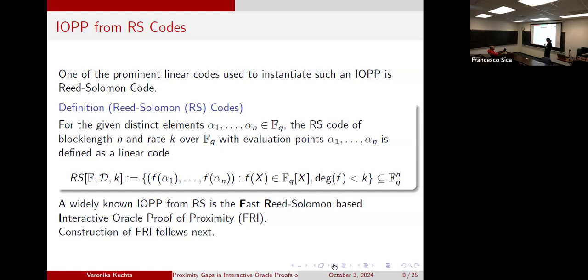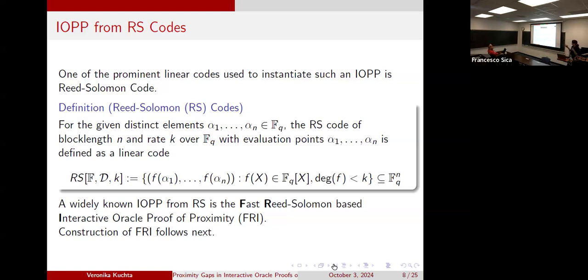Now I'm going to present a widely known IOPP from Reed-Solomon codes, which is the Fast Reed-Solomon based interactive oracle proof of proximity, abbreviated as FRI. The construction of such a protocol looks as follows.